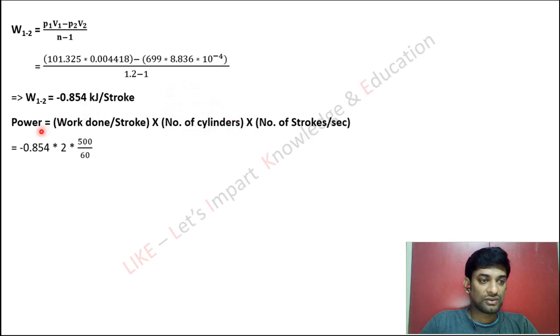So work done we have calculated, number of cylinders 2, number of strokes 500 per second, 500 by 60. That is very important, because per second you have to calculate to determine power in kilowatt. So from this you will be getting power is equal to minus 14.23 kilowatt. We are supplying energy to the system, so minus symbol.